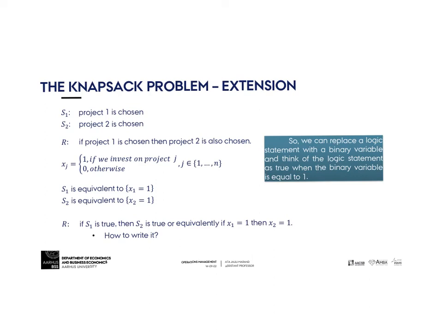Then we define the decision variables x_j, so S1 corresponds to x1 equals 1, and S2 corresponds to x2 equals 1. R means if S1 is true, then S2 is true, or equivalently, x1 equals 1 implies x2 equals 1. How can we combine these conditions? How to write it?